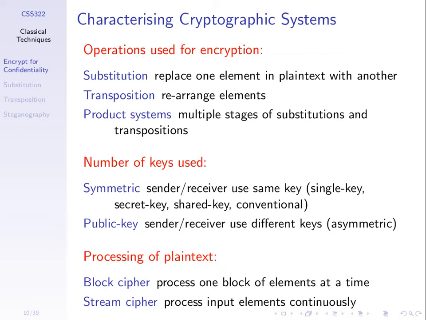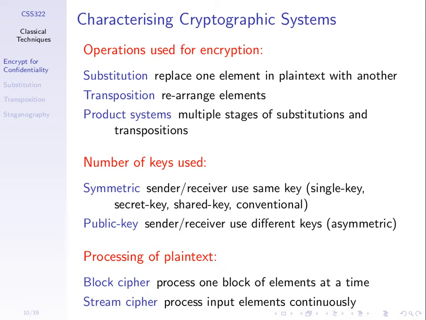The other part is the key. Our algorithm takes plain text and a key as input, performs some operations and produces ciphertext as output. What about the keys used? Well, there are two main types of cryptography: symmetric key cryptography and public key, or asymmetric key, cryptography.